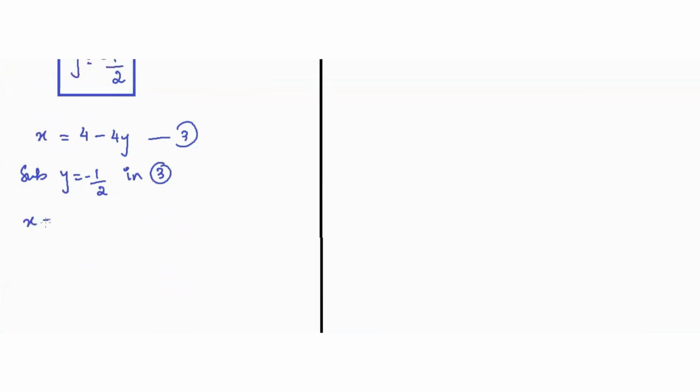So x equals 4 minus 4 times negative 1 over 2, which is 4 plus 2, because 4 divided by 2 is 2, and negative times negative is positive. So x equals 6. So this is your answer for this set of simultaneous equations.